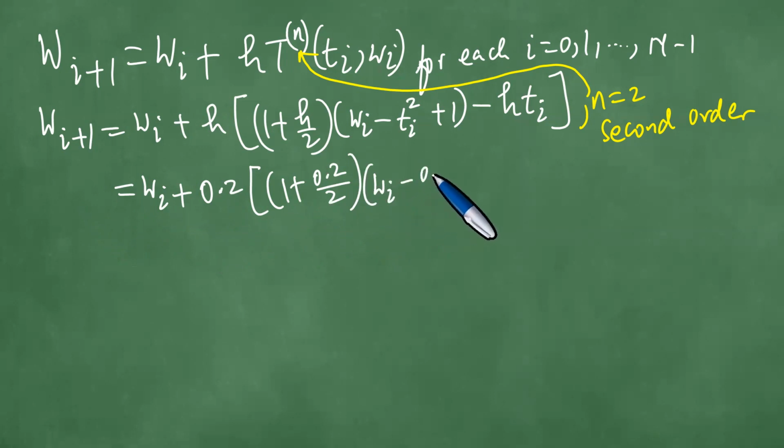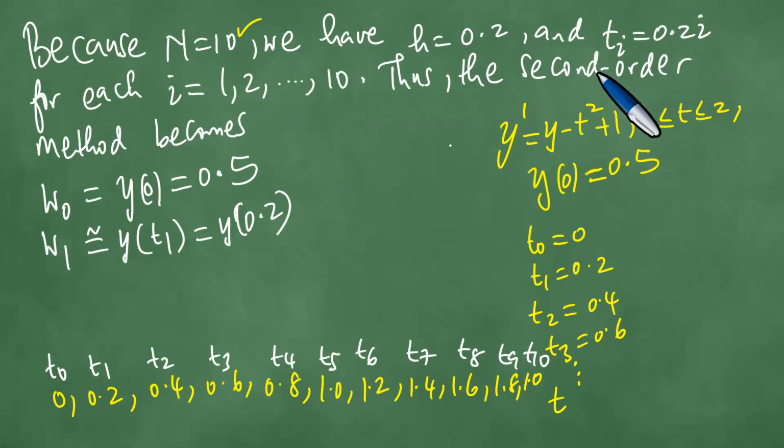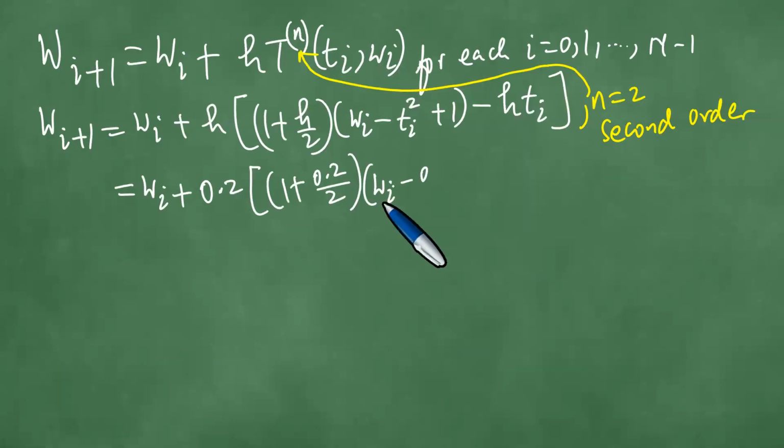Obviously the ti we've already seen is 0.2i, and then we're going to square it. So 0.2 squared is 0.04, and then i squared, plus 1 minus 0.04. Because the h is 0.2 and the ti is 0.2, then it's 0.04i.